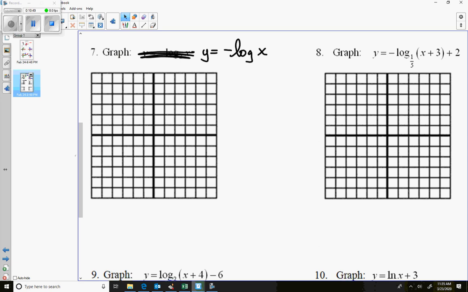So this is log base 10. What does the negative do to the graph? Simply flips it. It is inverted. Okay. There is no shift, no manipulation, so we're still starting at the origin. It is a logarithmic graph. Logarithmic graphs have vertical asymptotes.